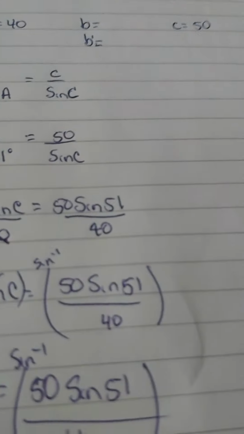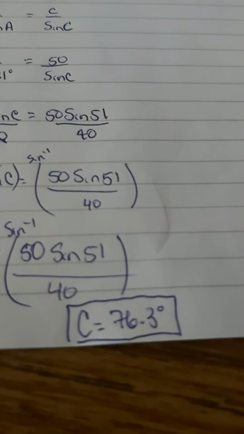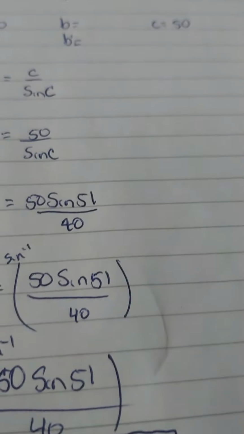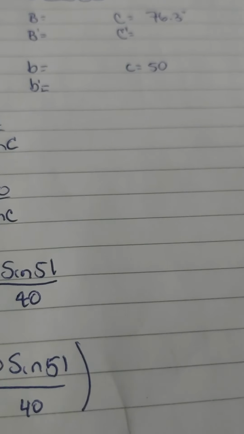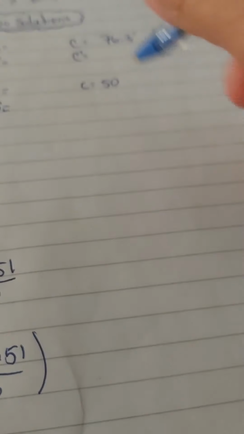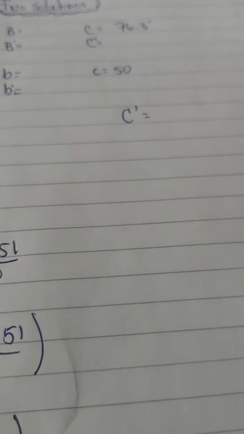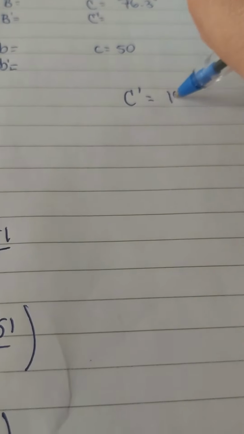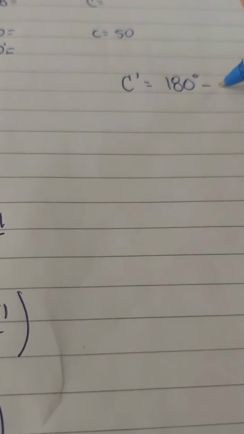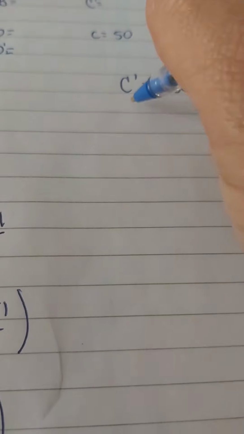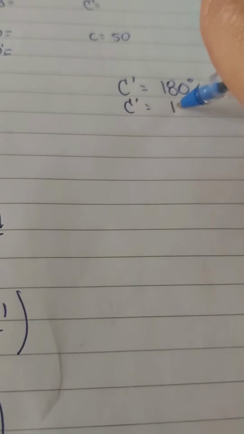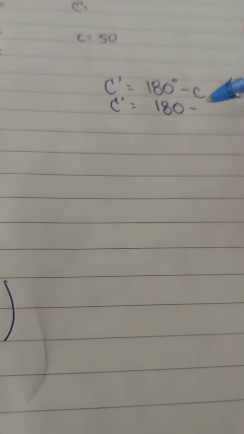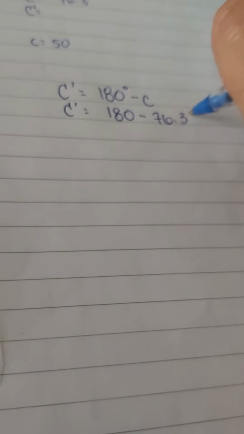After we find that first angle, now we know that the second angle C has to be less than 180. So angle C equals 180 minus 76.3 degrees.